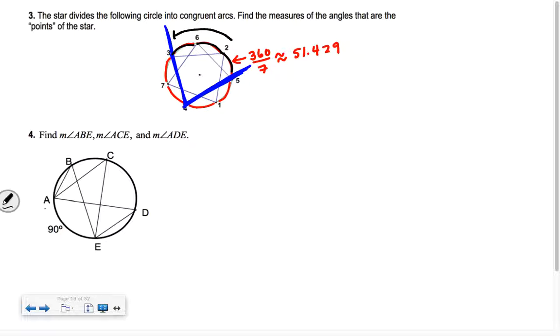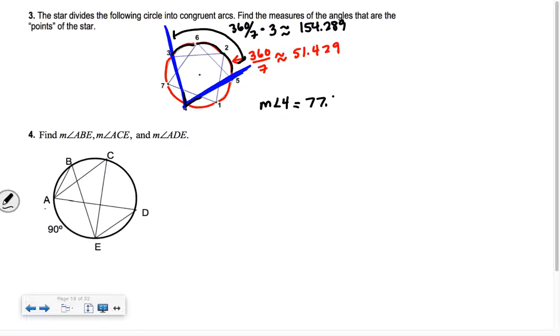So from here over is 360 over 7 multiplied by 3. So if I take my answer and multiply by 3, I have like 154.289, somewhere around there. So then how do I get the measure of angle 4? I take half of it. Yep, so divide by 2.